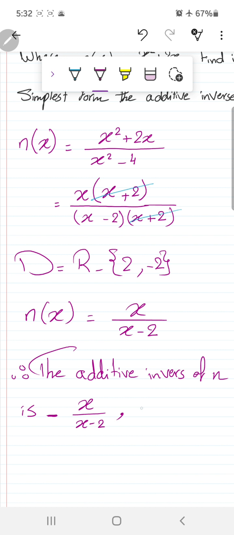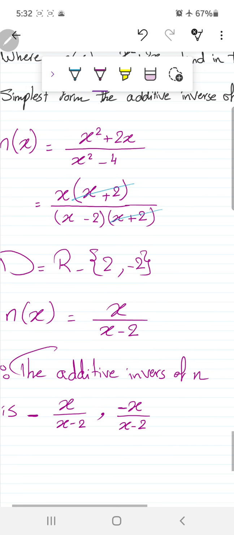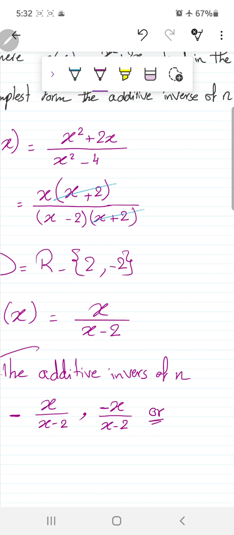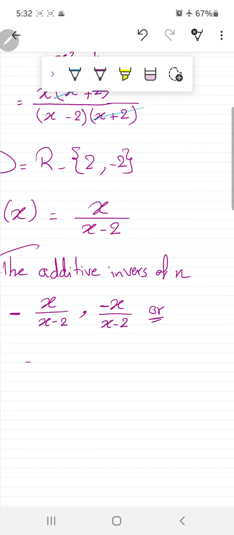And write negative in the numerator, negative x over x minus 2. Or negative in the denominator, so x over negative. Here we have in the denominator two terms, so open two brackets to simplify it, so x over minus x plus 2.